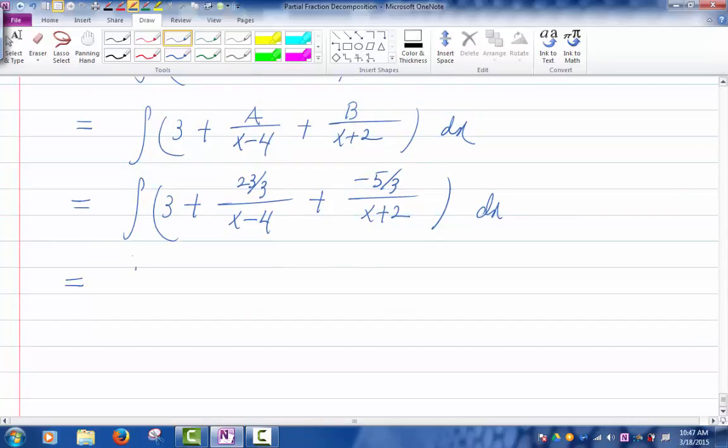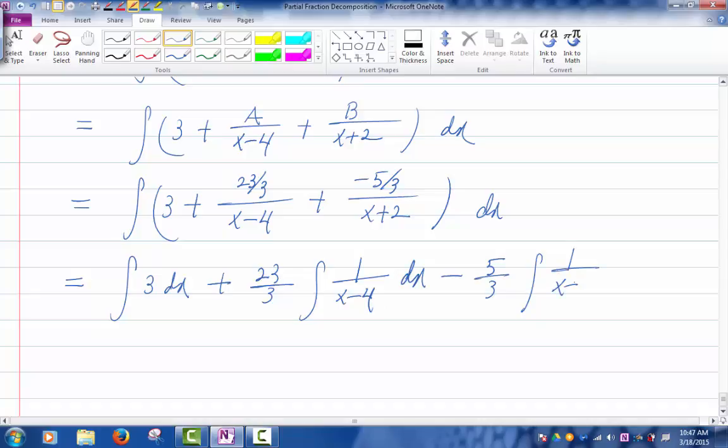And then I can say this is integral of 3 dx plus 23 over 3 integral of 1 over x minus 4 dx minus 5/3 integral of 1 over x plus 2 dx. Okay, so now what's the integral of each one of them? Well, what do you get? 3x, right? 23 over 3.